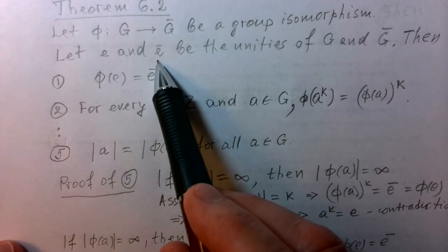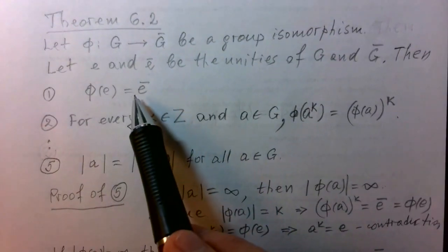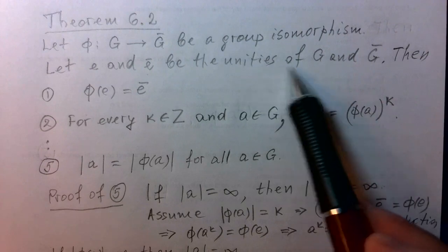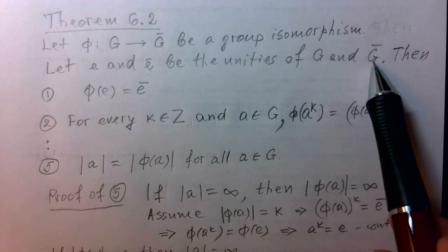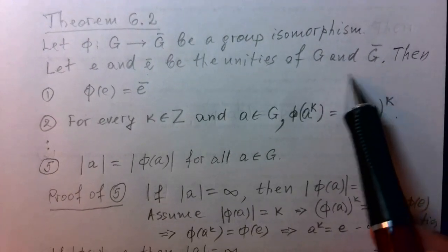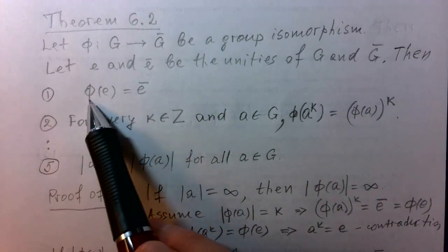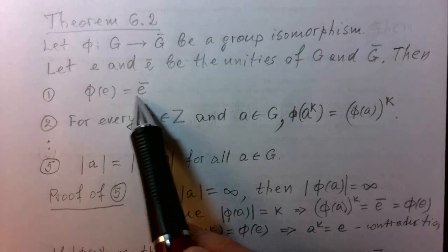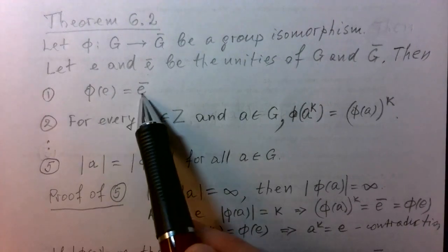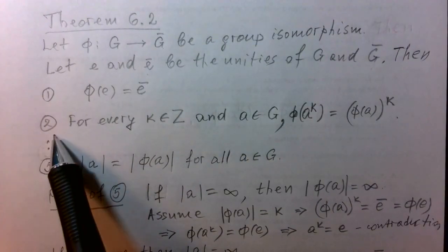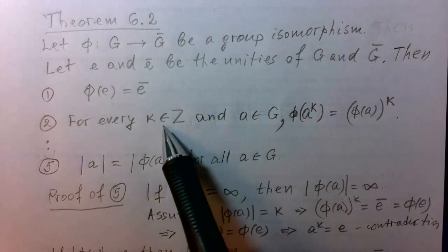Let e and e bar be the identities of G and G bar respectively. Then first, the identity e of G goes to the identity e bar of the other group G bar.